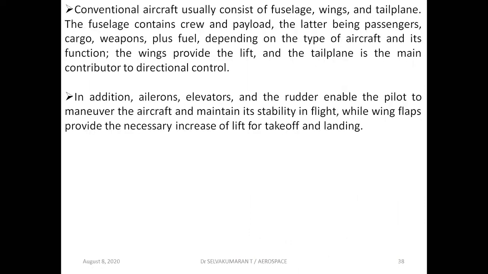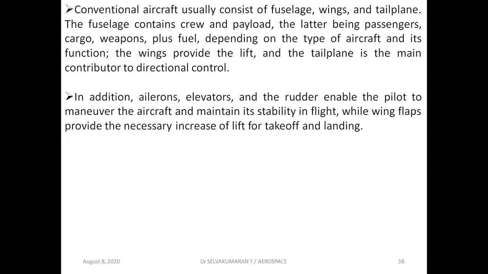Conventional aircraft usually consist of the fuselage, wing, and tail plane, and the fuselage contains the crew or the payload, and sometimes cargo and weapons, and fuel in the wings, which depends upon the type of the aircraft and also its functions. The wing provides the lift, and the tail plane is the main contributor to the directional stability or the directional control.